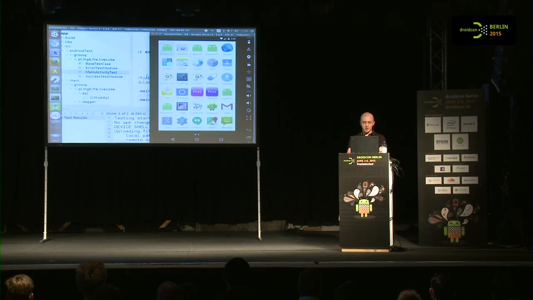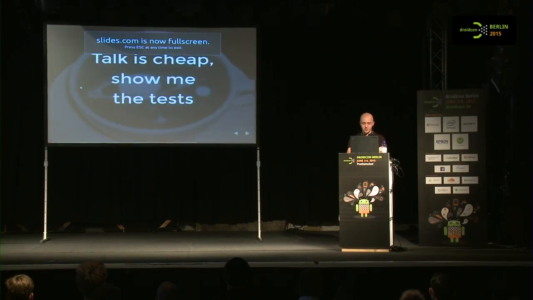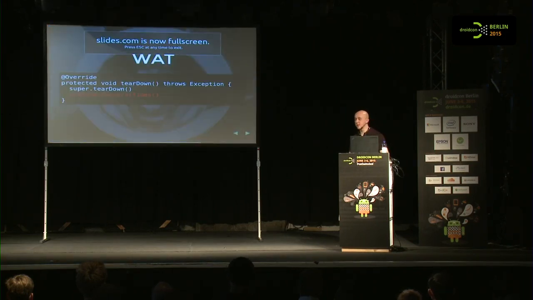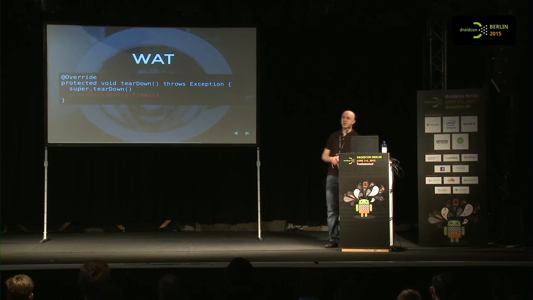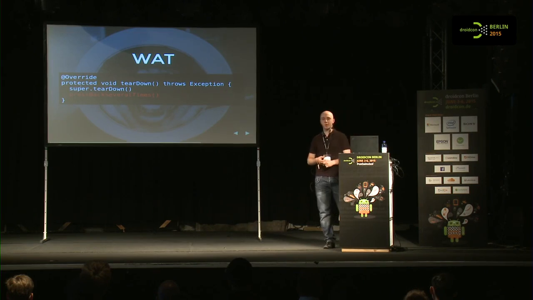So let's go back to our presentation. And yes, that's very simple, but in Espresso, not everything is plain and simple, and if you start testing, there are some things you need to remember or learn the hard way, like we did.